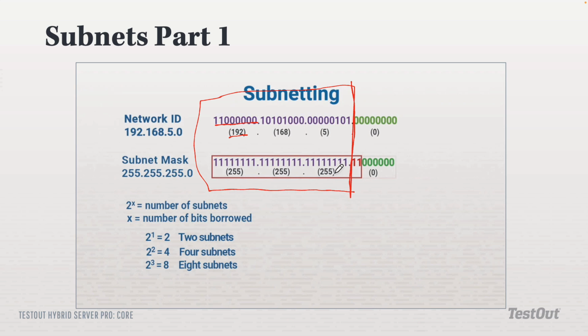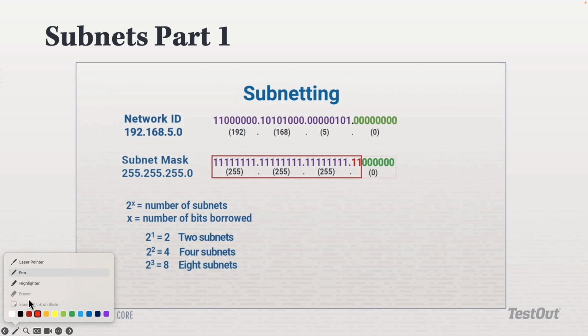If for some reason we want to break up this network into smaller ones, let's say into 2 networks, we would then have to borrow from our neighbor, okay? In this case, we can see where we are doing that.